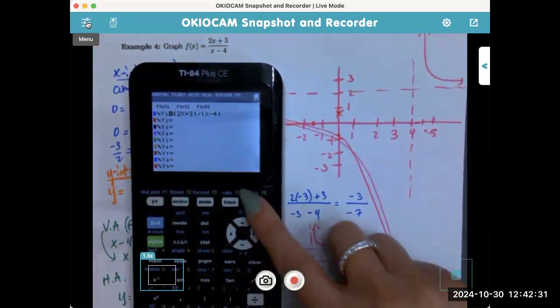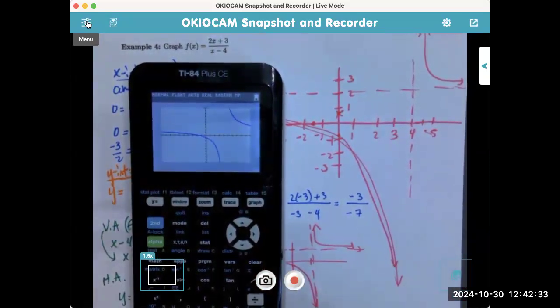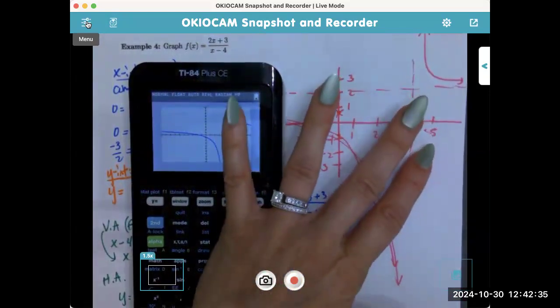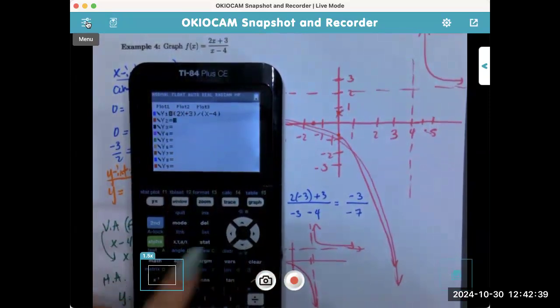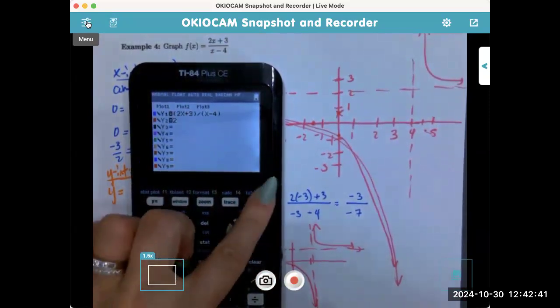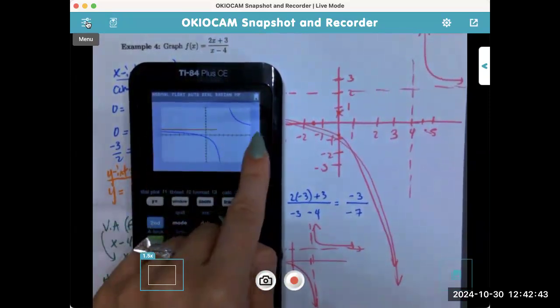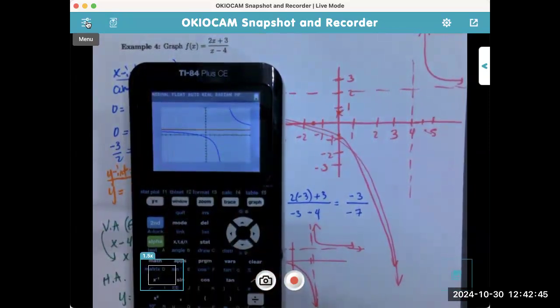If you want to see the graph, there we go. Here is x equaling 4. Here's our horizontal asymptote, y equaling 2. Notice that our boomerangs have the horizontal asymptote as our guideline. Yippee! Good job, y'all. Okay, we're going to keep going.